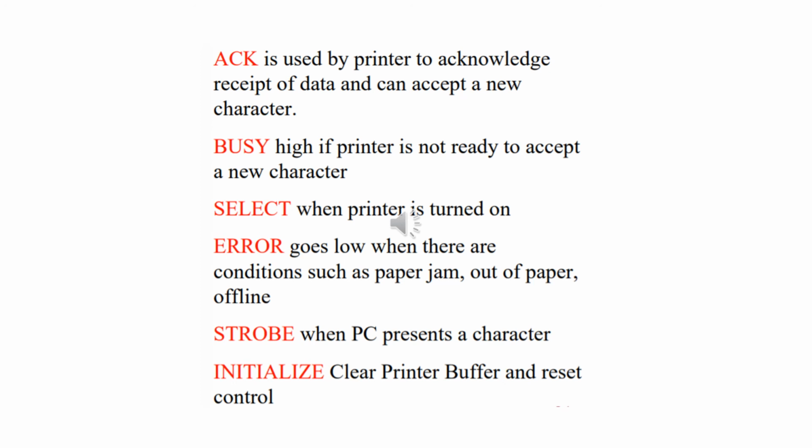The error signal will be low when there are conditions such as paper jam, out of paper, offline, that is you cannot use the printer. Strobe is high when the PC presents a character. Initialize clears the printer buffer and resets control.